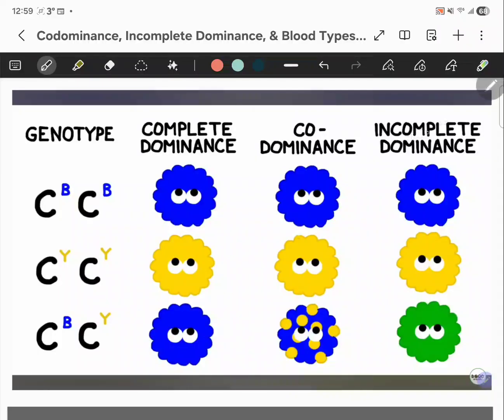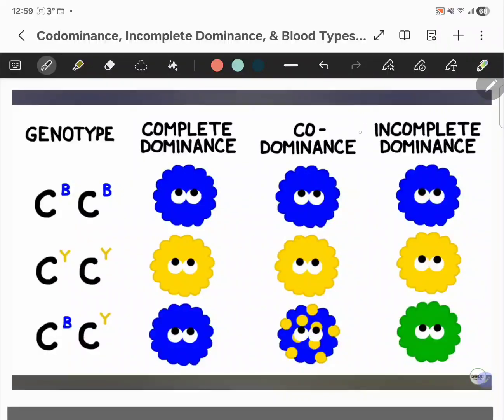But in incomplete dominance, again, if we have only blue alleles in the genotype, it's going to be blue. If we have only yellow alleles, it's going to be yellow. But when it's a heterozygous genotype, we end up with both blue and yellow alleles, and neither one is dominant.